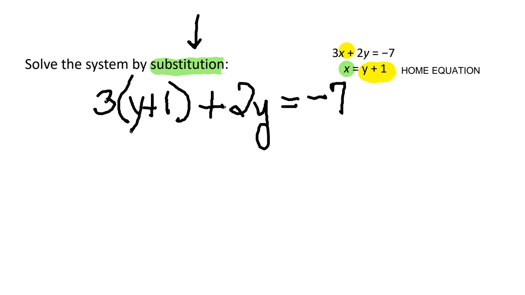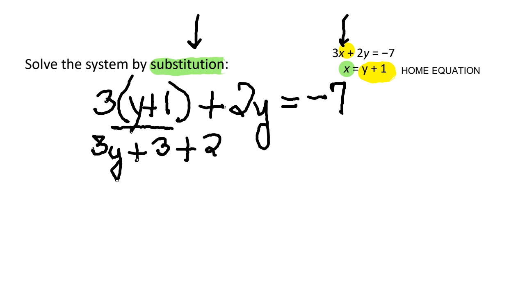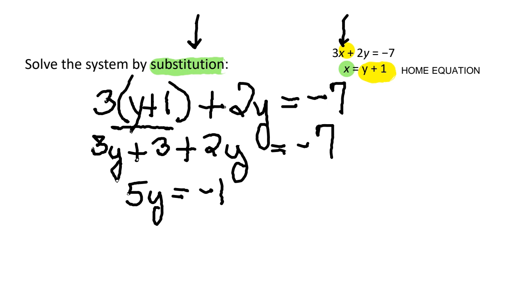So where this x was, I put y plus 1. Now we're going to solve. This is 3y plus 3 plus 2y equals negative 7. Well, this is going to give me 5y is equal to negative 10. Okay, this is different than the one before because when I divide by 5, I get a y value of negative 2.